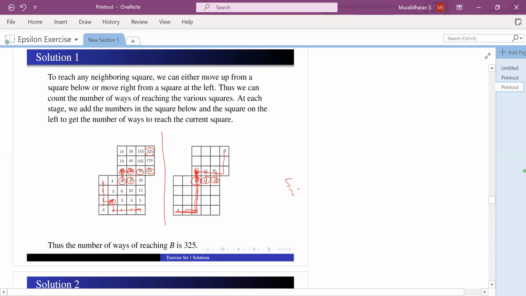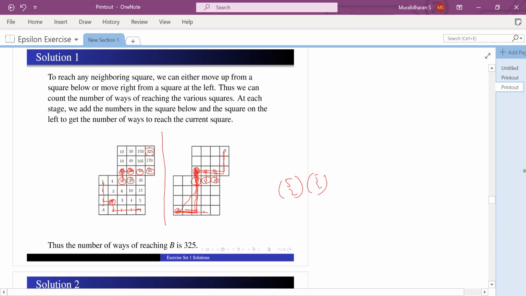That means it will be 5C2. 5C2 ways of reaching from A to P, and then one way of reaching P1. And from here I have 1, 2, 3, 4, 5. Again, this is 5C2. So this is 5C2 into 5C2 ways of reaching via P1.